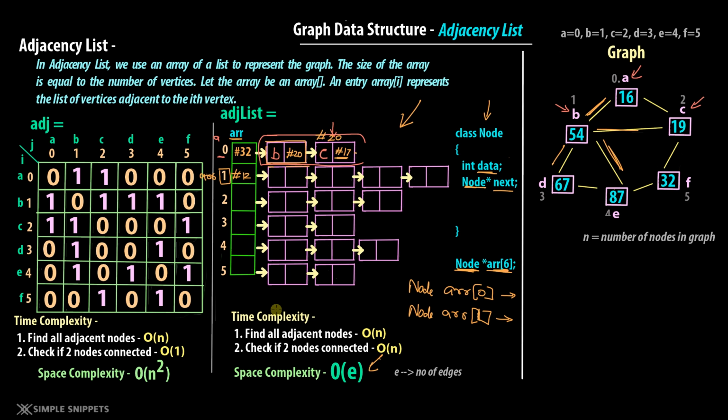Some of them are equal, some are more efficient in adjacency matrix, but they are fairly similar, and hence adjacency list is used many times, especially when the number of vertices is not too high and the number of edges is very low, which means that we are talking about a sparse graph. A sparse graph is where the number of edges is considerably low compared to the number of vertices, okay? So this is where adjacency list is considered over adjacency matrix.